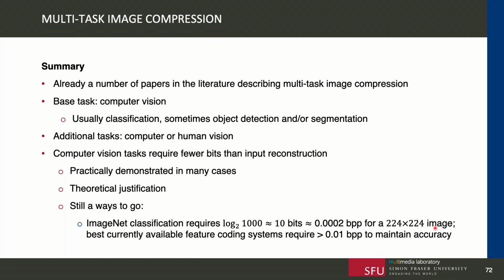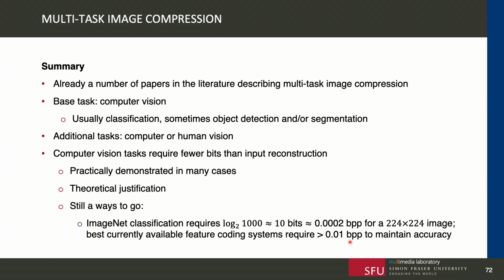However, the best currently available feature coding methods require more than 0.01 bits per pixel to maintain accuracy. So you'll see that there are 2 orders of magnitude of gap between the theoretically best performance and what we currently have, meaning that there is still a lot of room for improvement.